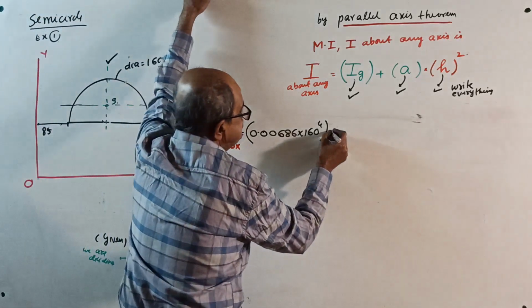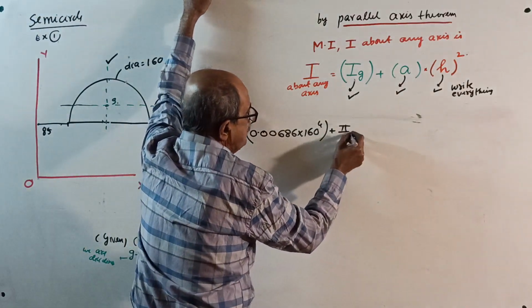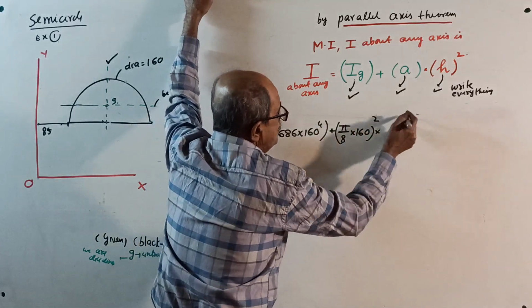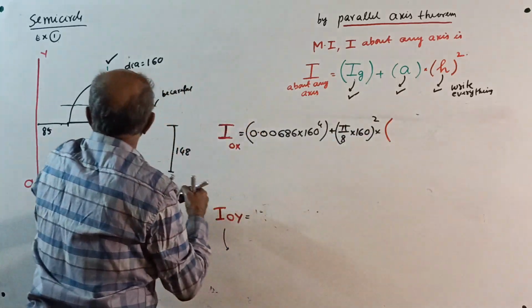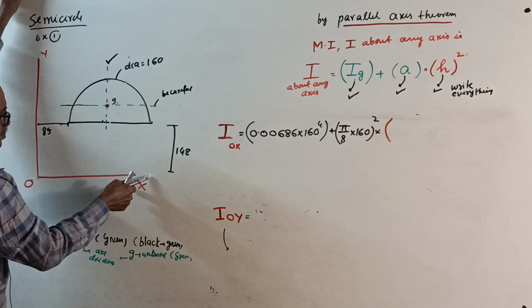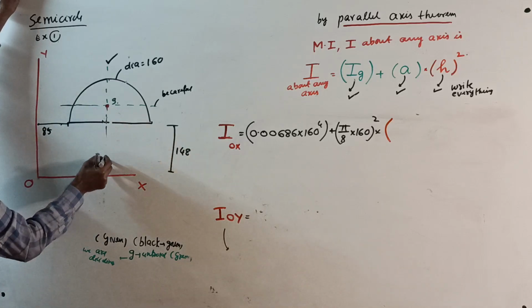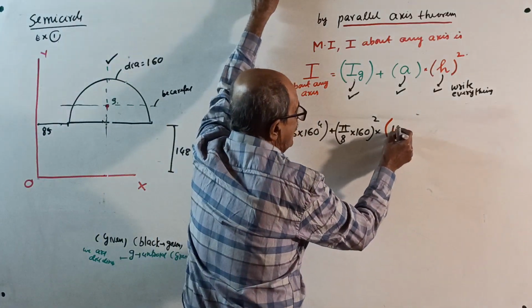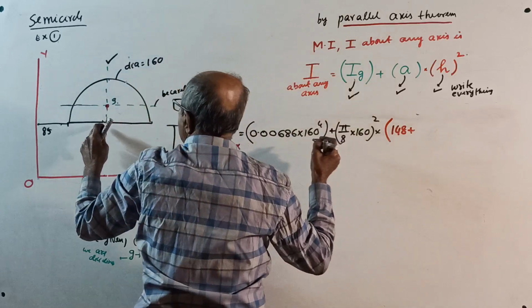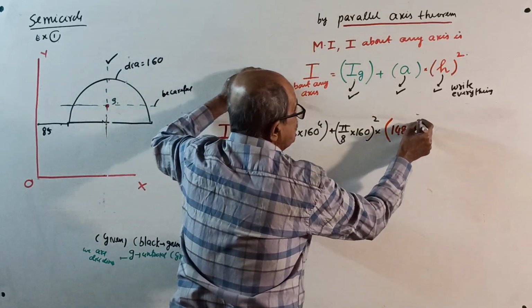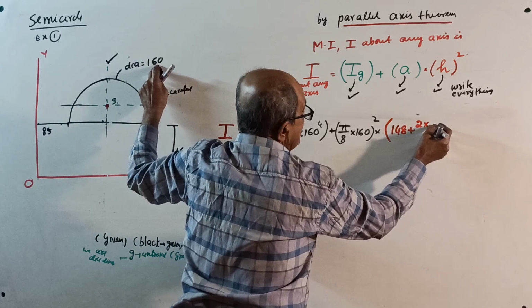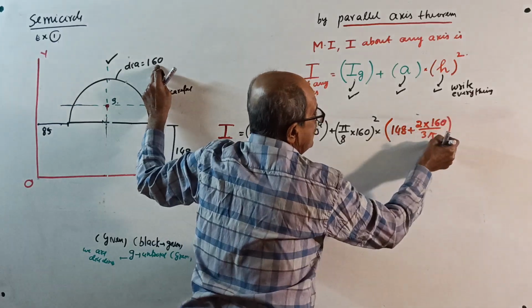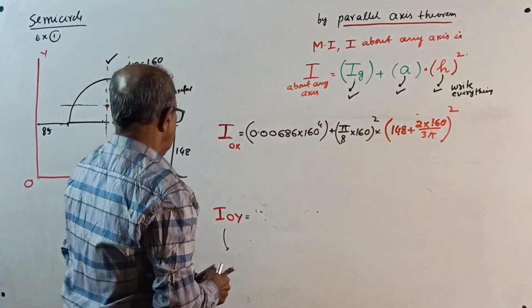Plus area, pi by 8 of 160 square is the area, into, very important term, from the centroid to OX, this distance square is 148 plus this distance is 2 times diameter divided by 3 times pi, whole square. I about OX over.